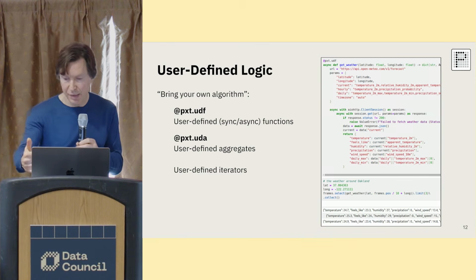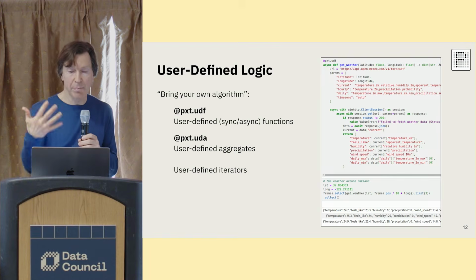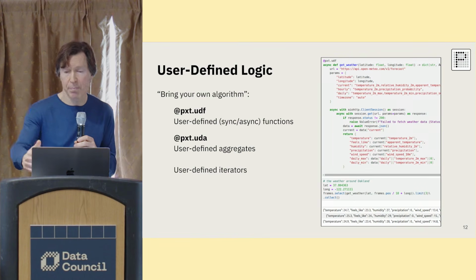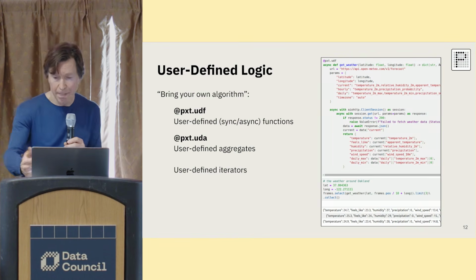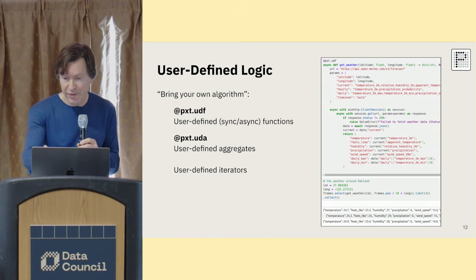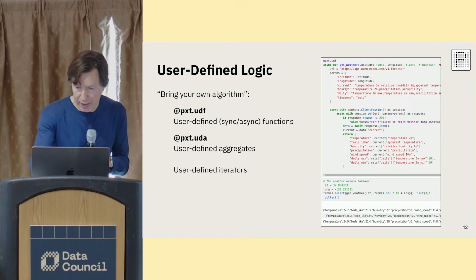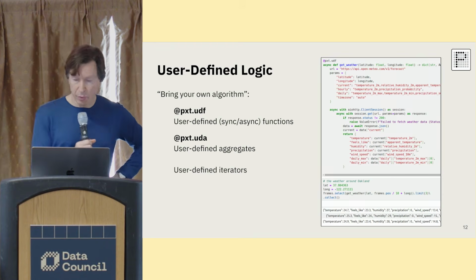And here on the right-hand side, there's an example of that. These can be synchronous and asynchronous. So here's a function that uses an external service to get weather information based on latitude and longitude. Bunch of stuff, relatively simple, uses async IO. And then below that, you see an example of how we can use that in a query.